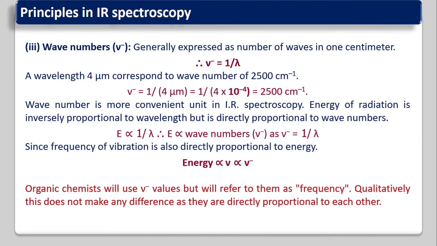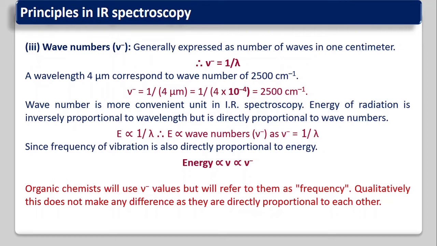Organic chemists will use nu bar values, but refer to it as a frequency, because quantitatively this does not make any difference as they are directly proportional to each other. So the chemists studying IR spectroscopy use this nu bar, that is wave number, as a frequency, because either wave number or frequency is directly proportional to the energy, and so to each other.